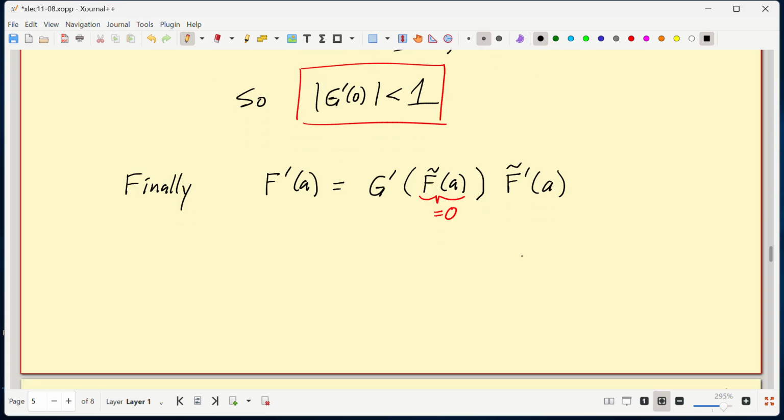And so I get that f prime of A, which is the max, that's equal to m.